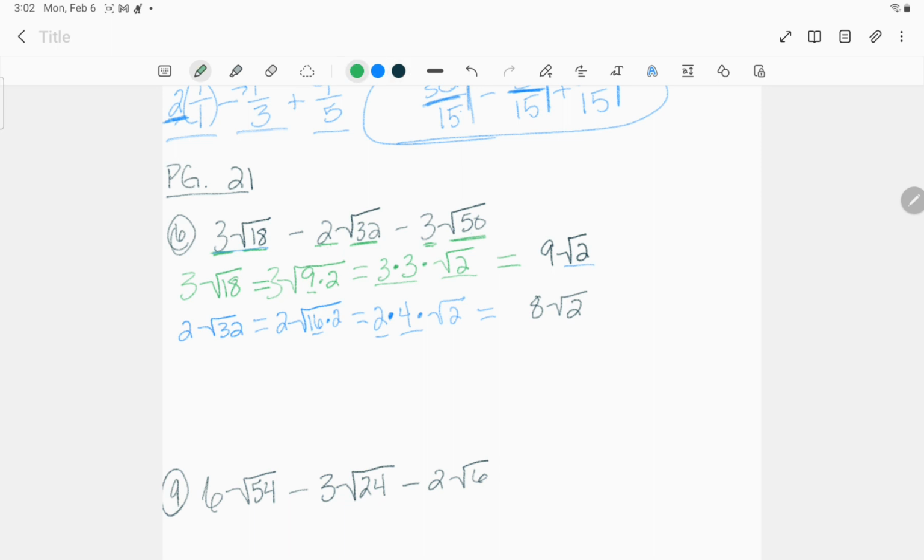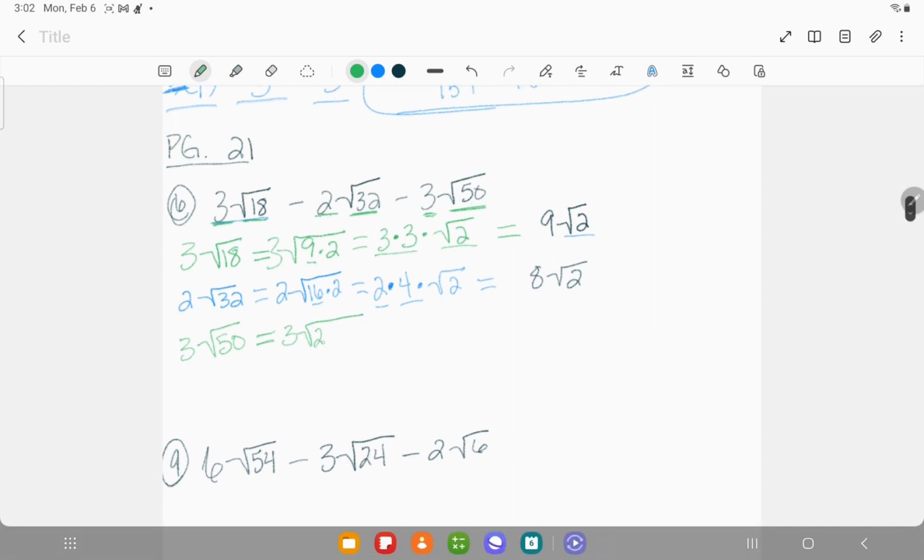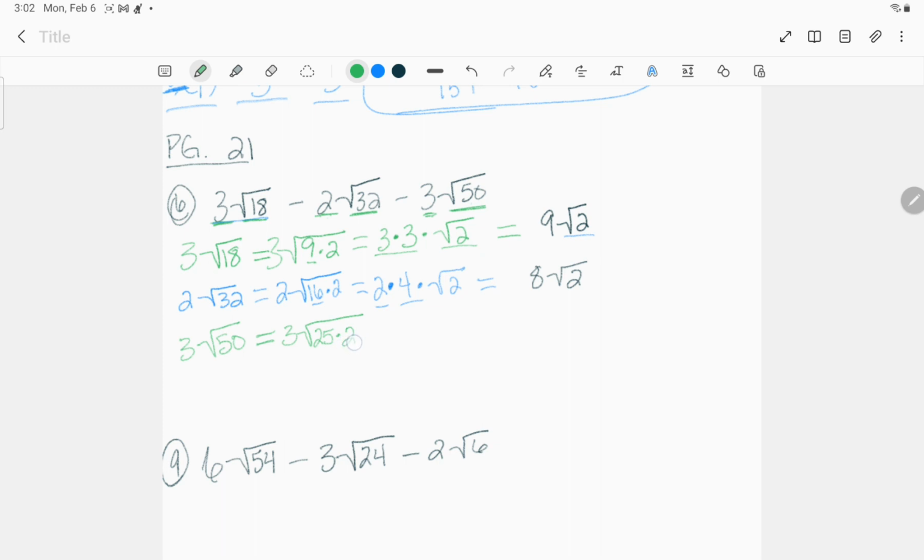And now we're going to move on to the last one, which is 3 times the square root of 50. Remember, we've already established that I'm going to be dividing by 2. So I have 3 times 50 divided by 2 is 25 times 2. The square root of 25 is 5, which then is going to equal 3 times 5 is 15 times the square root of 2.